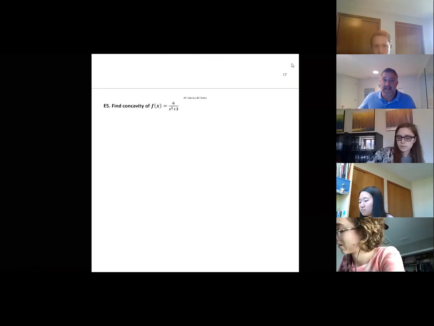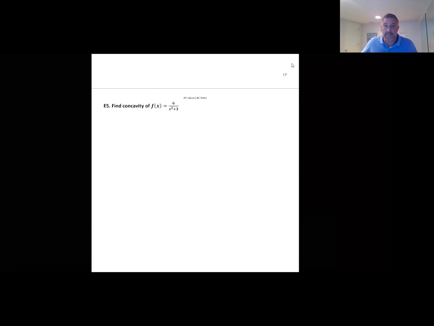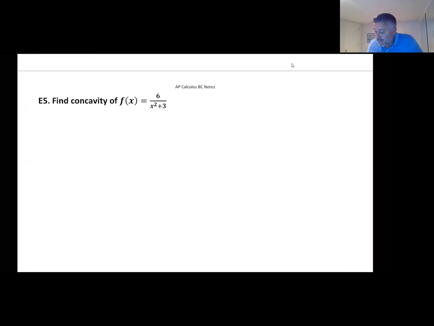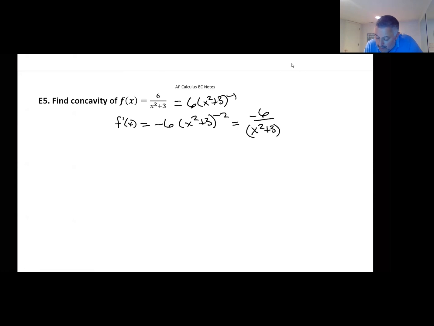Find concavity on 6 over x squared plus 3. To find my first derivative, I'm going to write 6 times x squared plus 3 to the -1. F prime of x then is -6 times x squared plus 3 to the -2, which is -6 over x squared plus 3 squared.